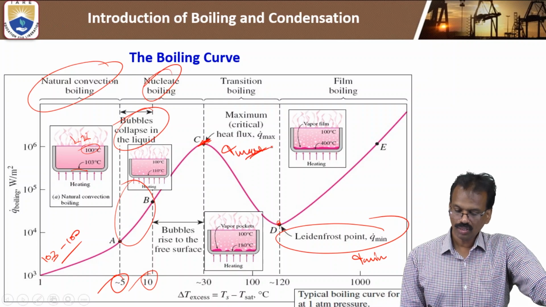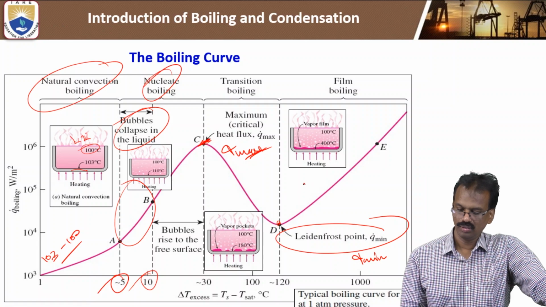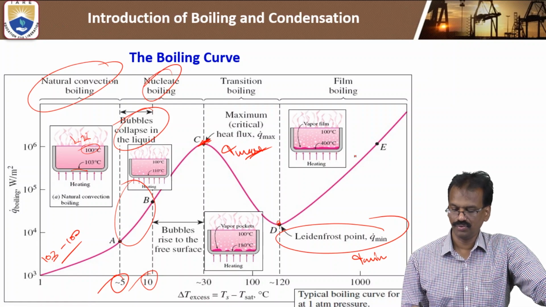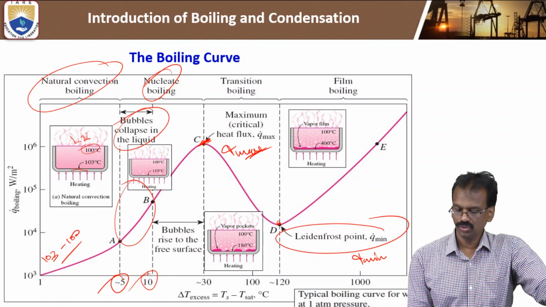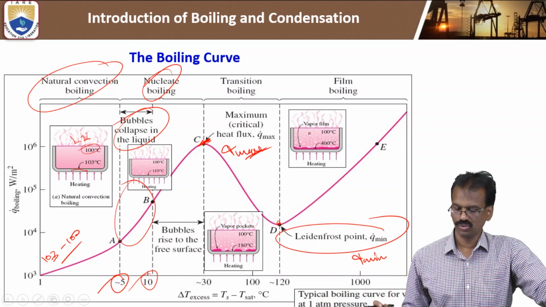After this, complete vaporization will occur on the surfaces. A vapor film covers the surface completely. So this acts just like a solid surface, and radiation process will occur.